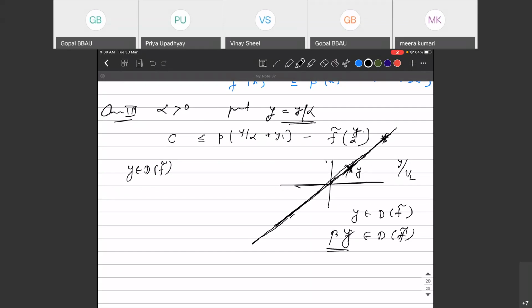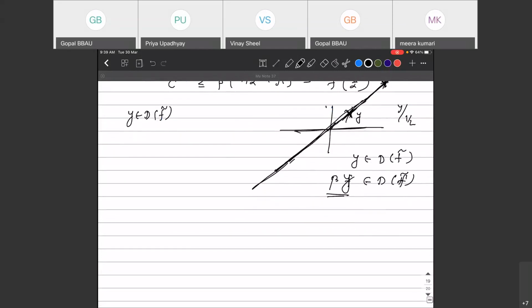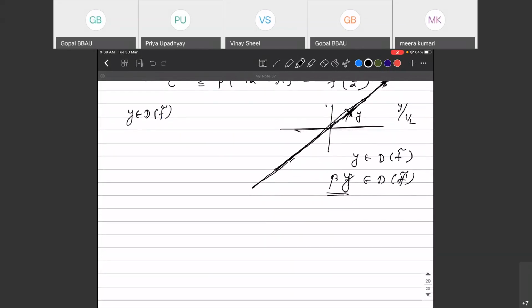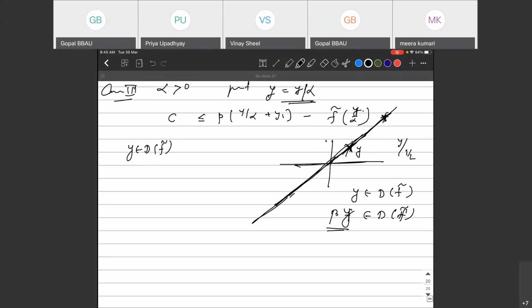So if this inequality is true for any y in the domain of f tilde, it will be true for beta y as well. Correct or not? Yes, because it is a subspace. Since y was an arbitrary point, now look at the relation between alpha and c for a particular point, so I can take a particular one. Okay. So same trick here, multiply by alpha.